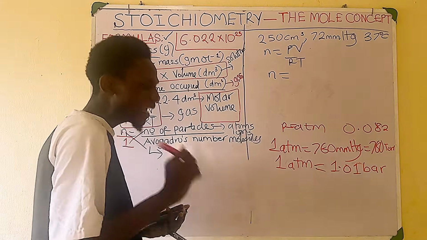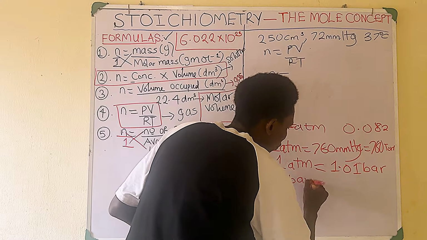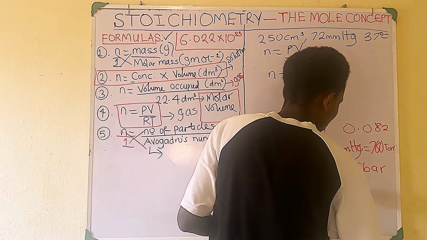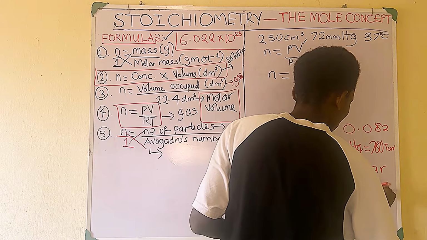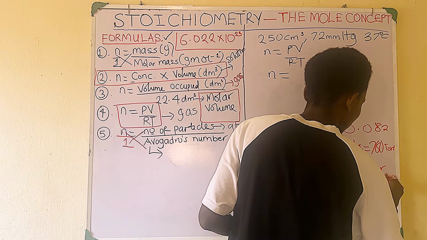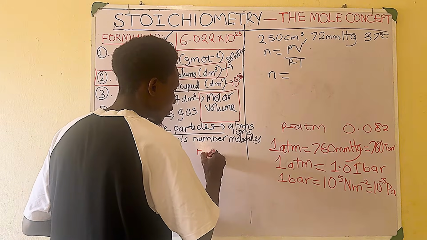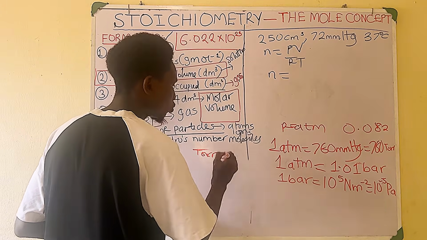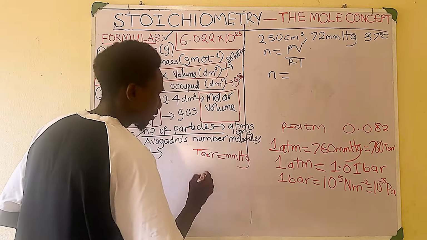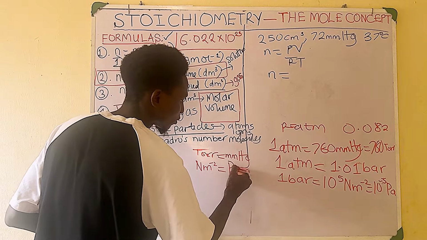Now, take note that 1 bar equals 10 raised to power 5 Newton per square meter, or Pascal. So that tells you two things from what I've written. That torr equals millimeters of mercury, then Newton per meter square equals Pascal.